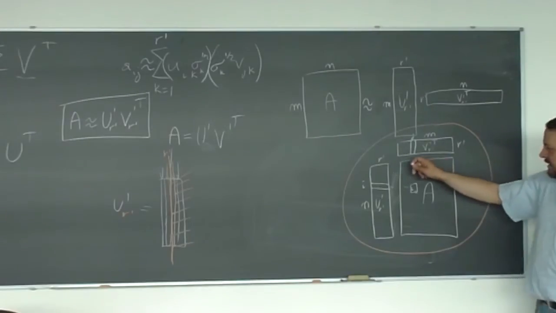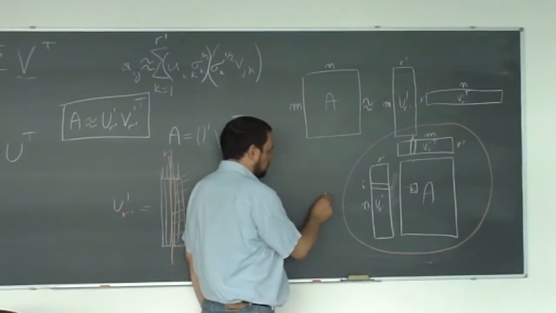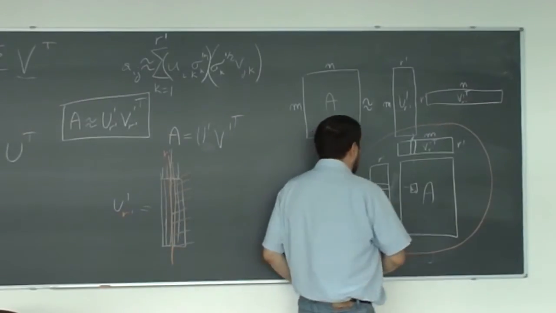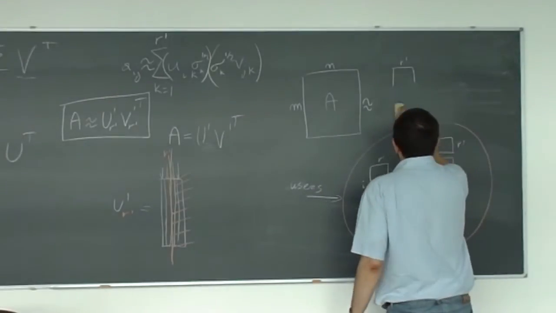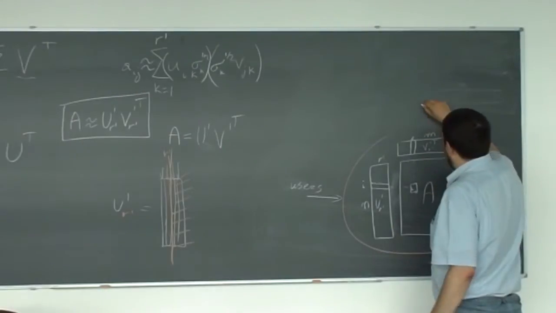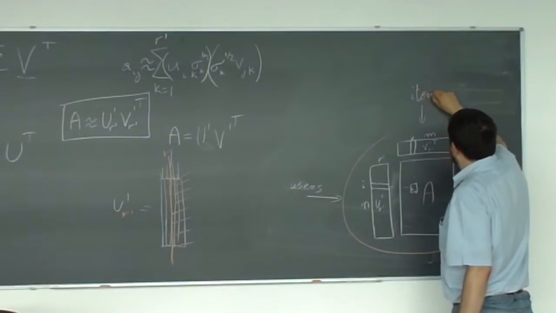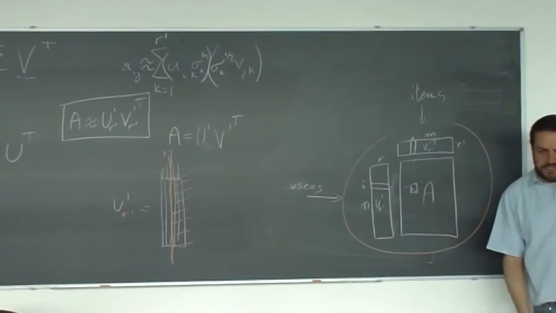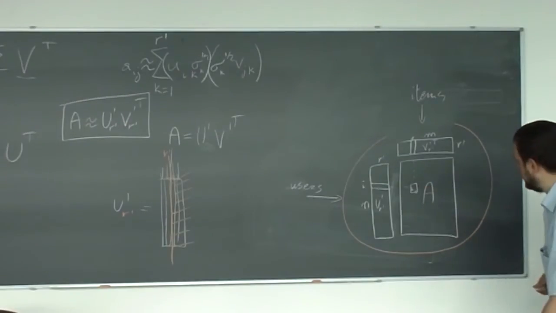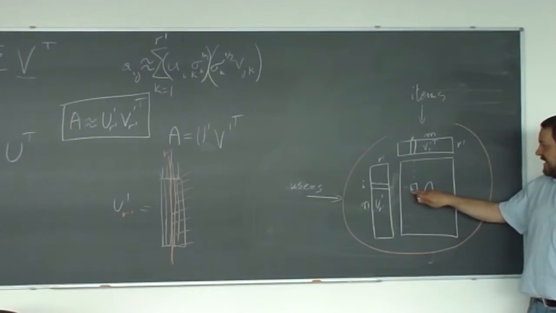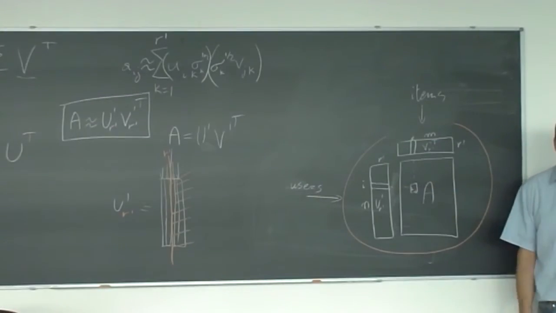So let's say that these are customers, let's say users, and these are items, and the element Aij is actually the preference that user i has for item j.